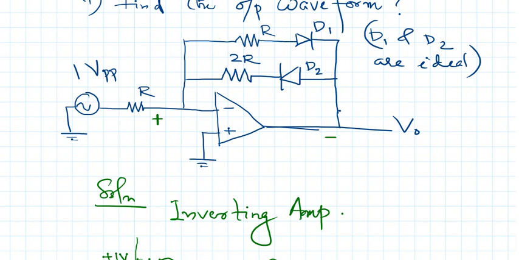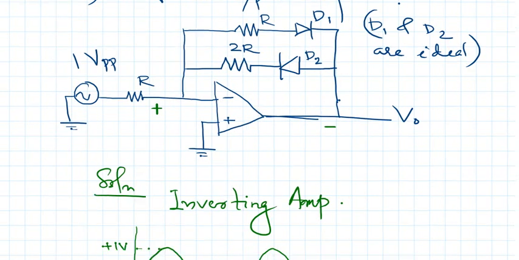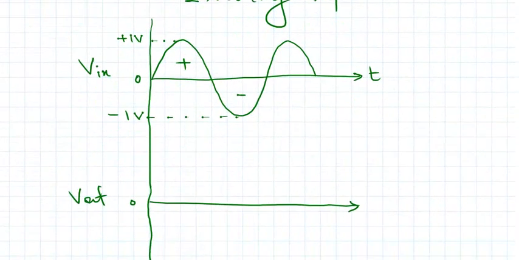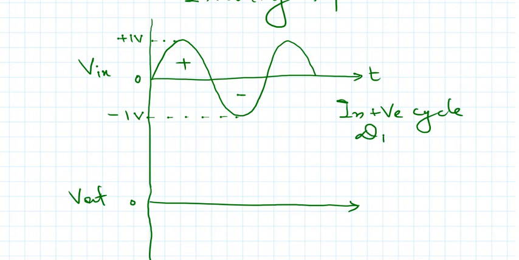So at that time what will be the gain? The gain means this will be a short circuit. Then this is the feedback resistor. So the gain will be minus RF by R1, that is minus R by R. That is the gain in the positive cycle, when D1 is forward bias.